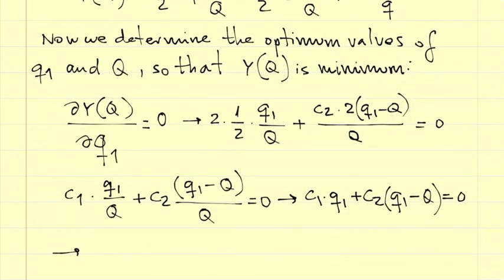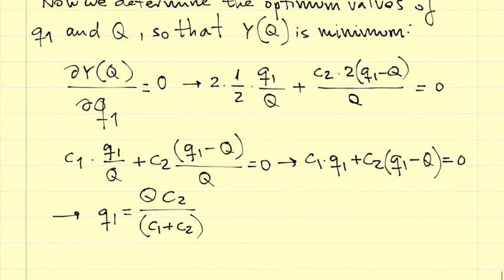So as a result, Q1 equals Q times C2 divided by C1 plus C2. And so this is the first one.